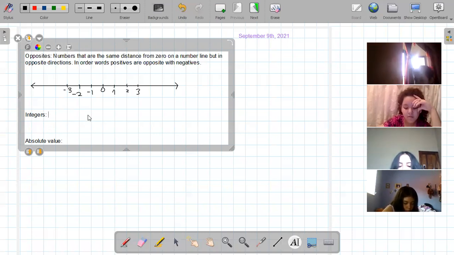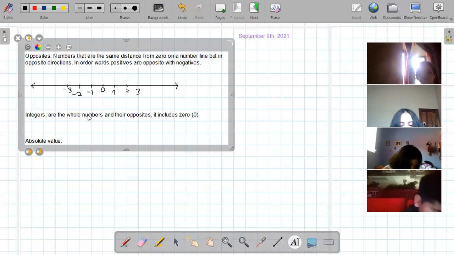So we're going to write that down. Integers are the whole numbers and their opposites. It also includes 0, okay?